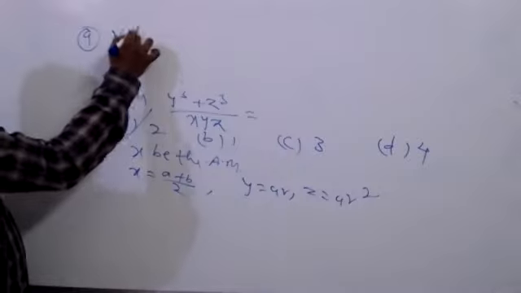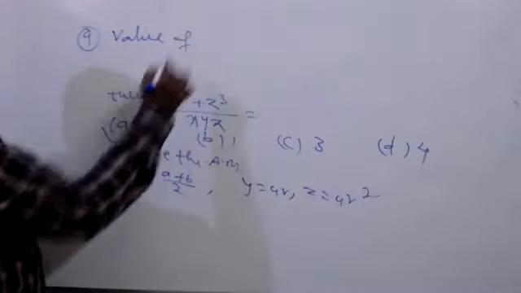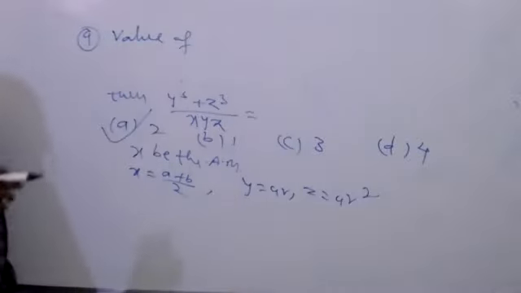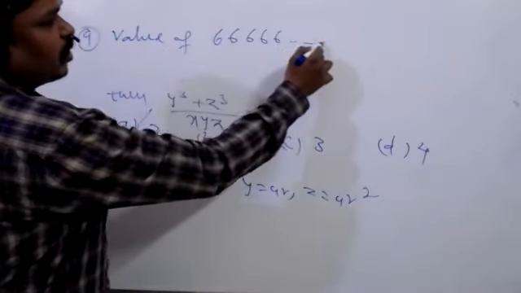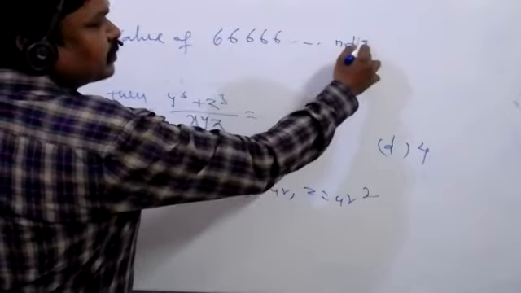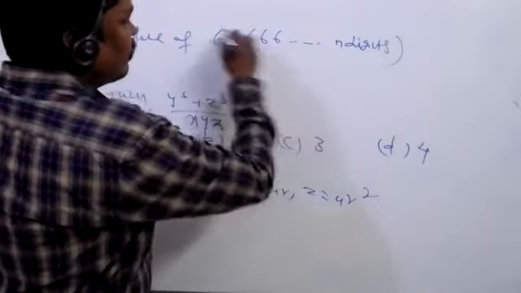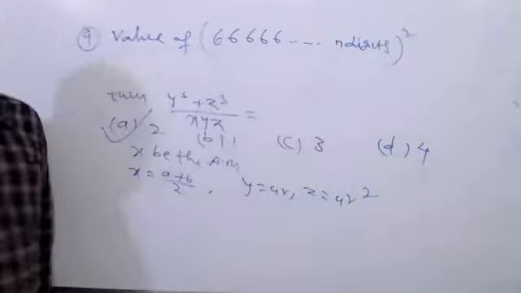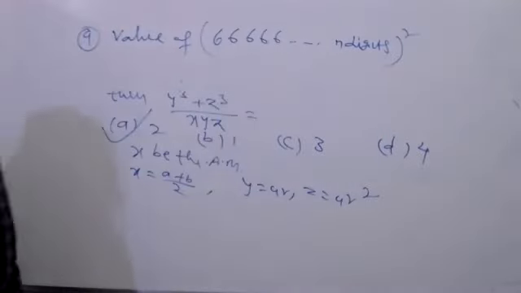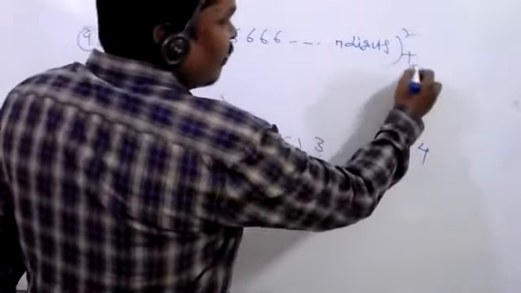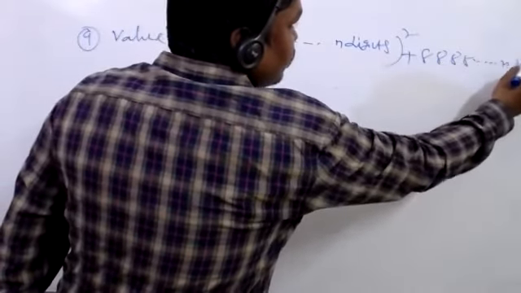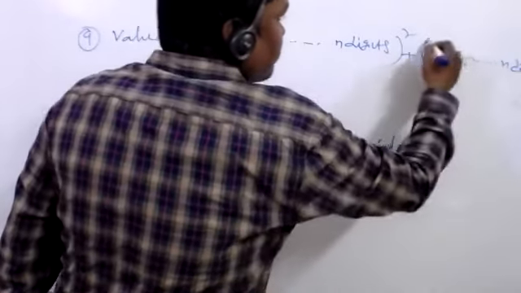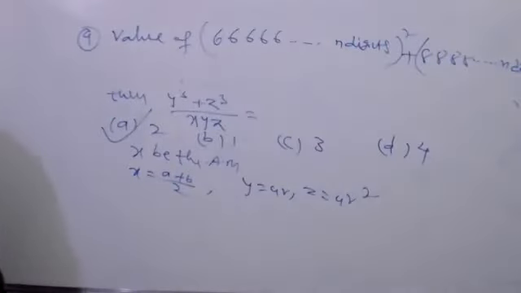Value of 6, so on n digits, whole square, plus 8 so on n digits, is equal to?